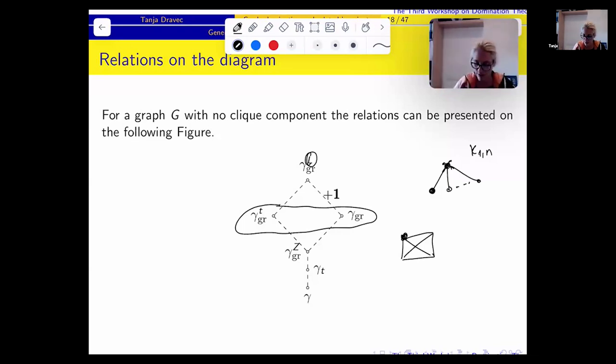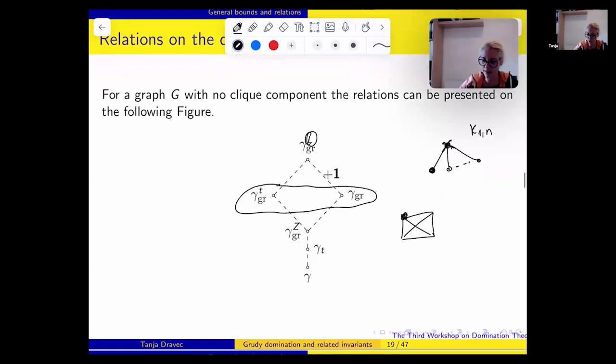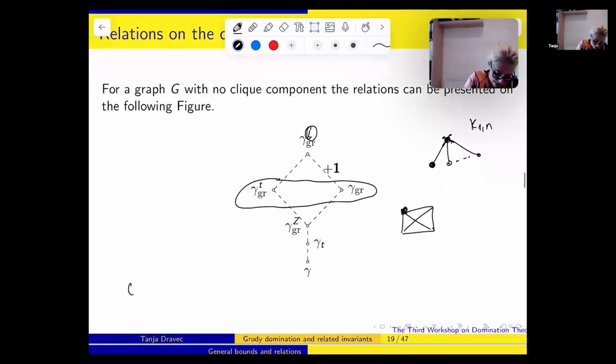This can be easily seen because if I take a closed neighborhood sequence, let x1, x2, up to xk be the largest closed neighborhood sequence, this means that Grundy domination number of G is k. Then I can easily create an L sequence of cardinality k plus 1.